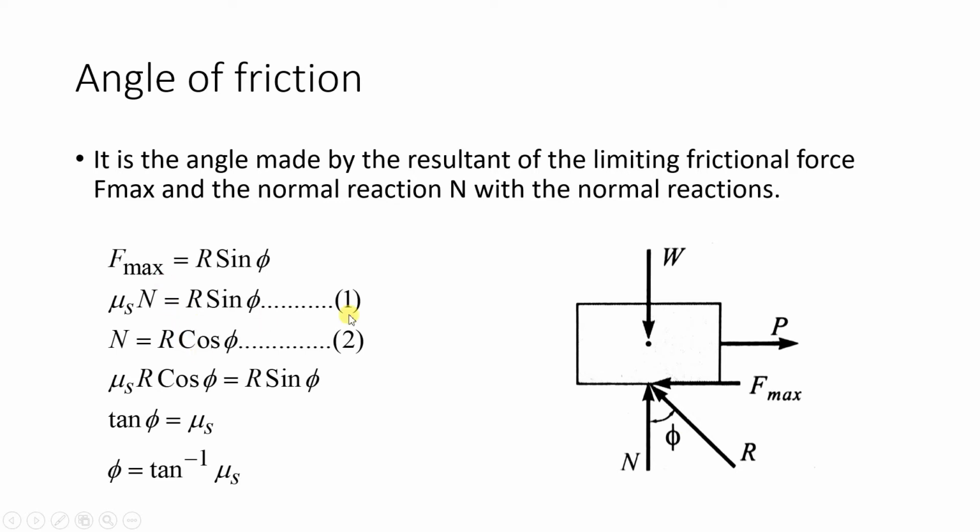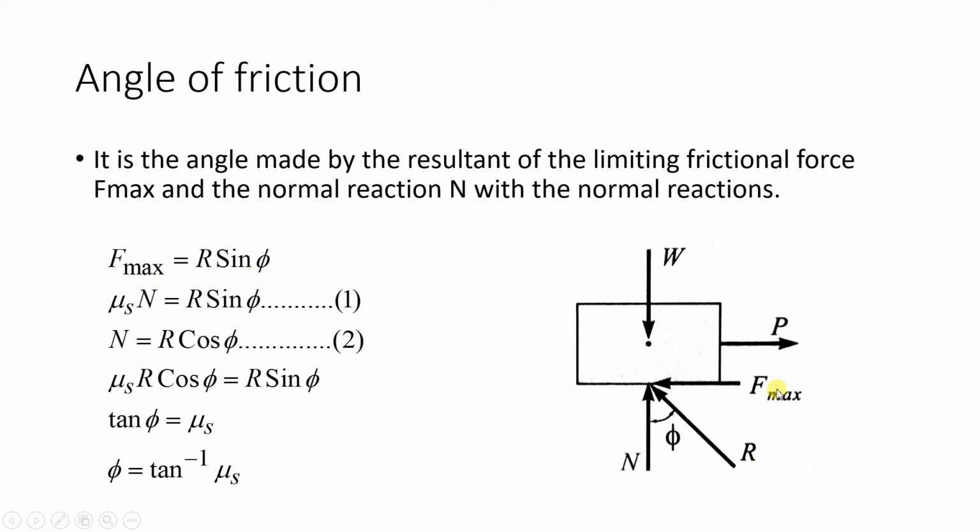Now if you consider the horizontal direction, what will be the value of Fmax? Considering the condition of resultant, Rx is equal to summation Fx. This Fmax value will be R. Angle phi is with respect to the y axis, so it will be R sin phi. So Fmax is equal to R sin phi.